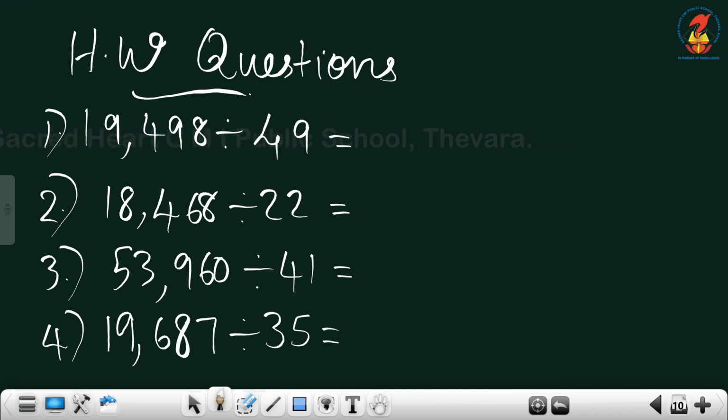So, we need to consider 3 digits together, 194. After that, you need to check 49 into which number will give 194. If you will not get the exact number, then you need to take just the number below. Is it clear? Division is clear? Okay.